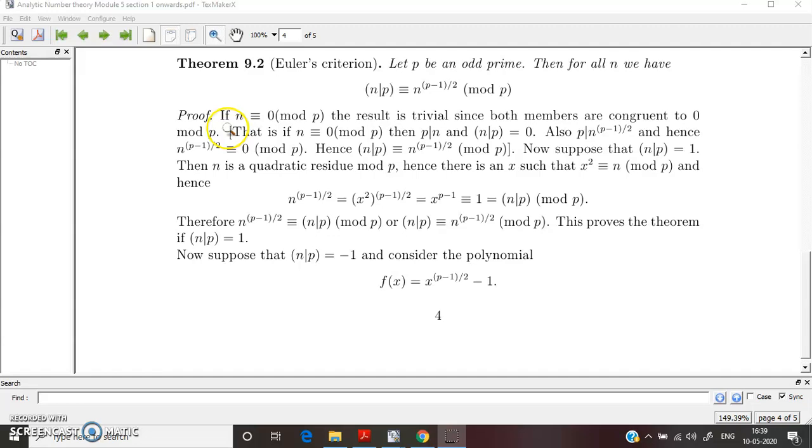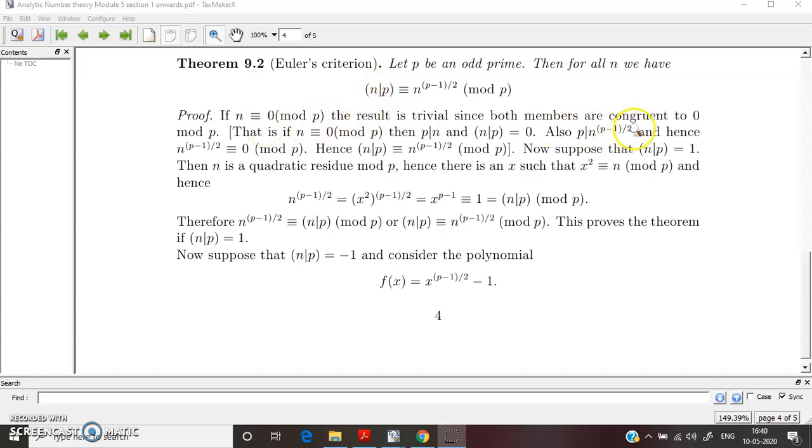If n is congruent to 0 mod p, that is, if p divides n, the result is trivial, since both members are congruent to 0 mod p. In this case, what is the Legendre symbol?